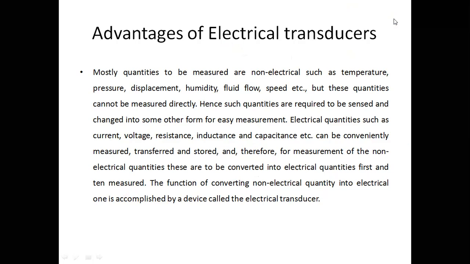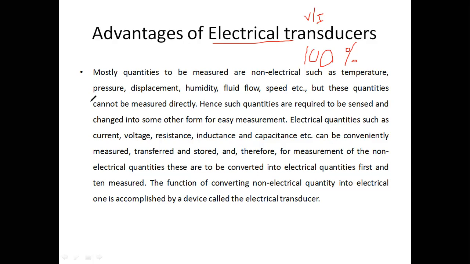For example, I want to measure some parameter, and in instrumentation, 100%, every time, we want to convert the input parameter into an electrical signal only, which is a voltage or current.